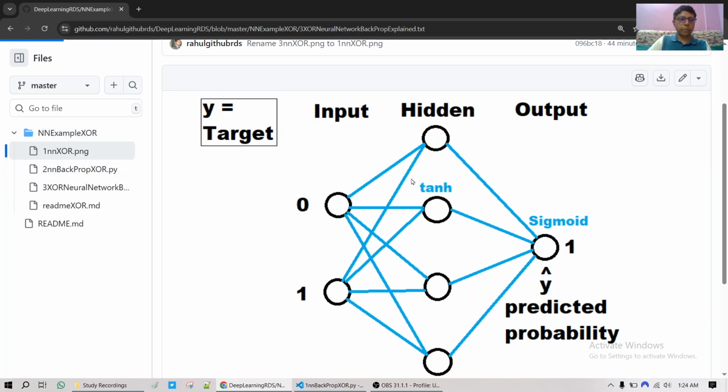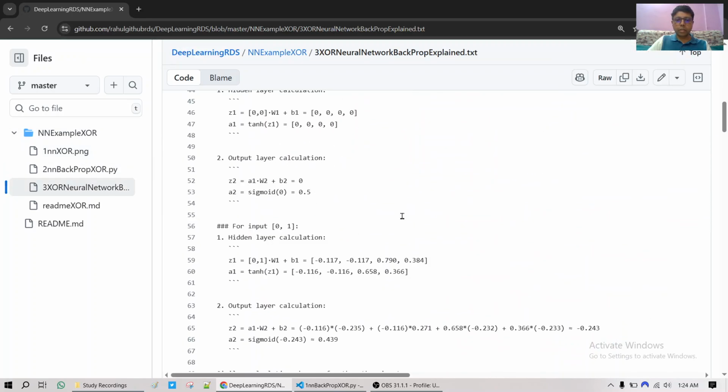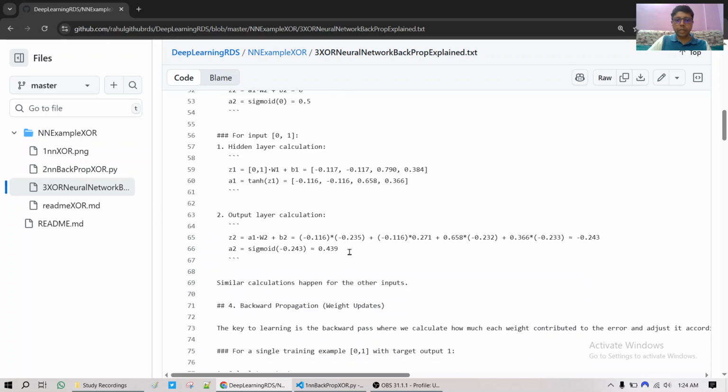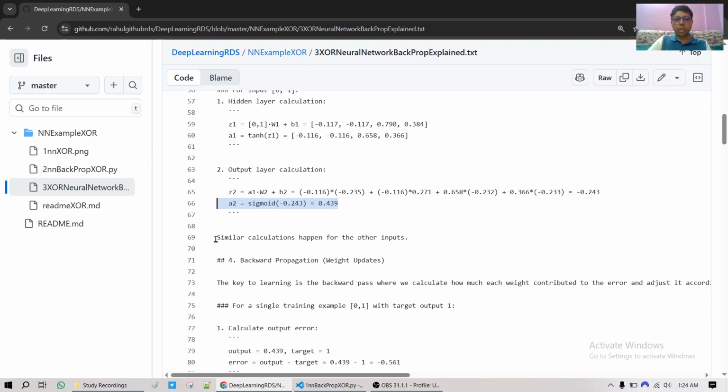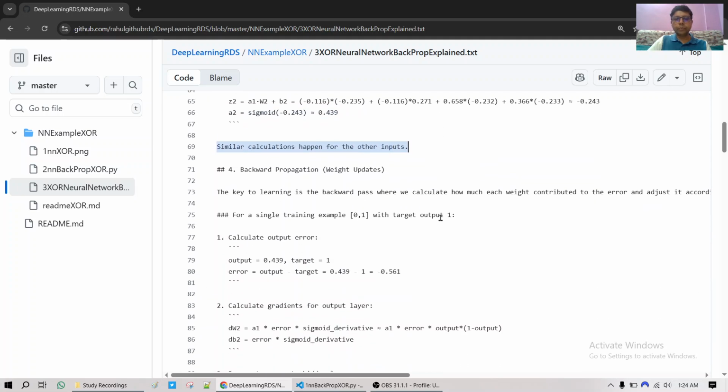So let's see the output layer calculation: the final output is 0.439, right? Similarly, you can do the calculations, and we will see sooner how the program runs.